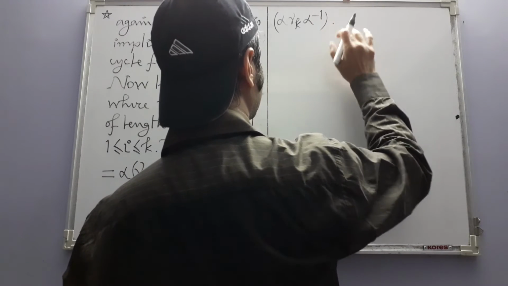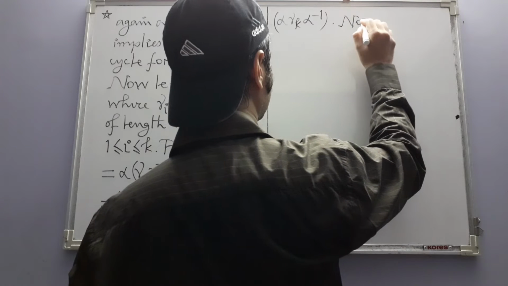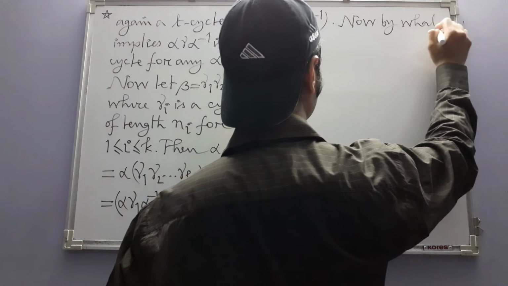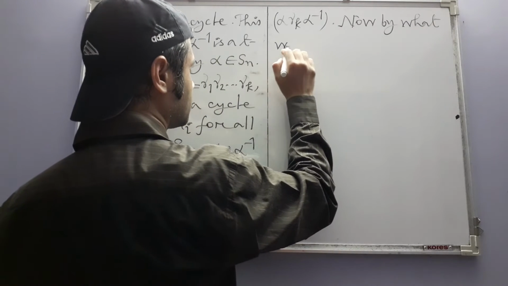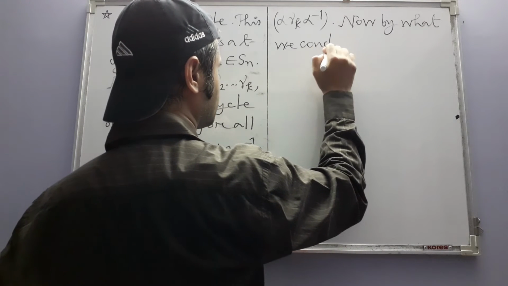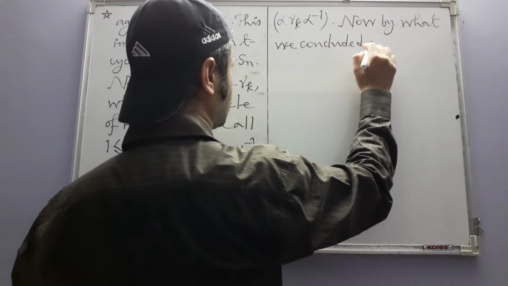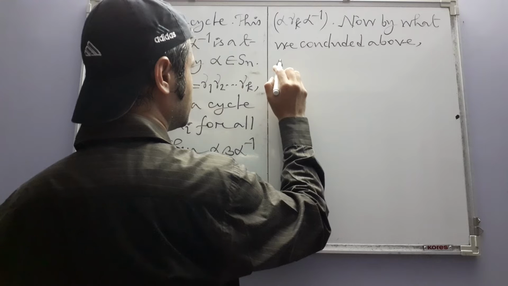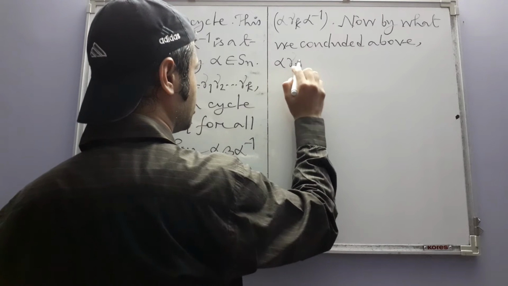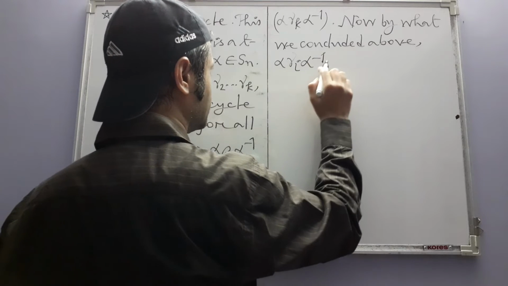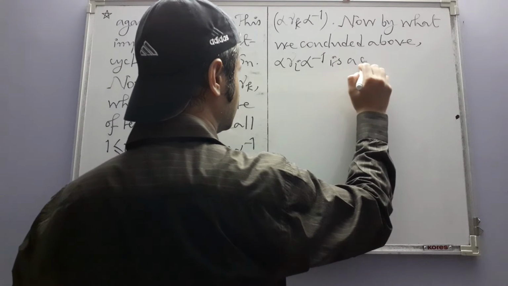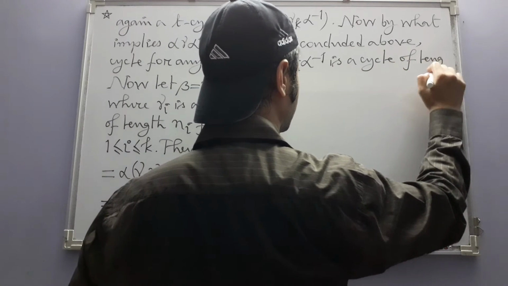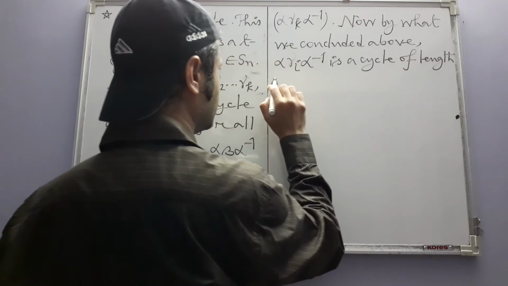Now by what we concluded above, alpha gamma I alpha inverse is a cycle of length ni.